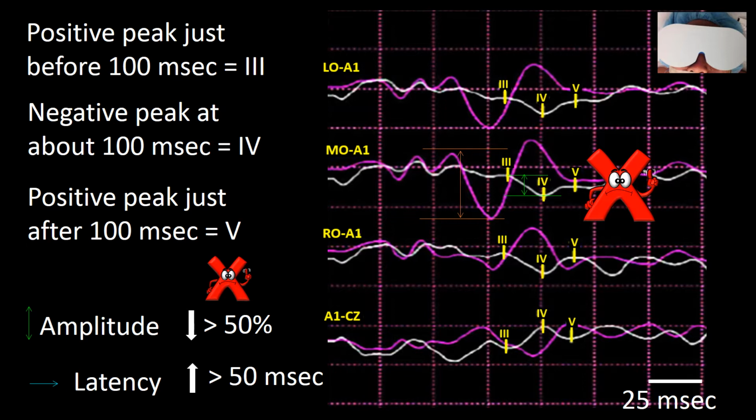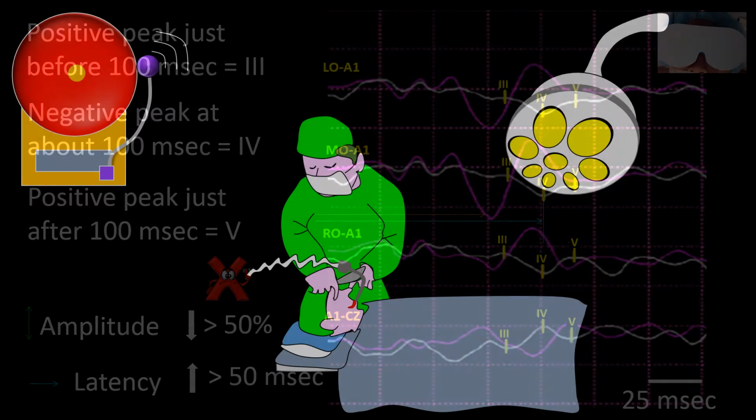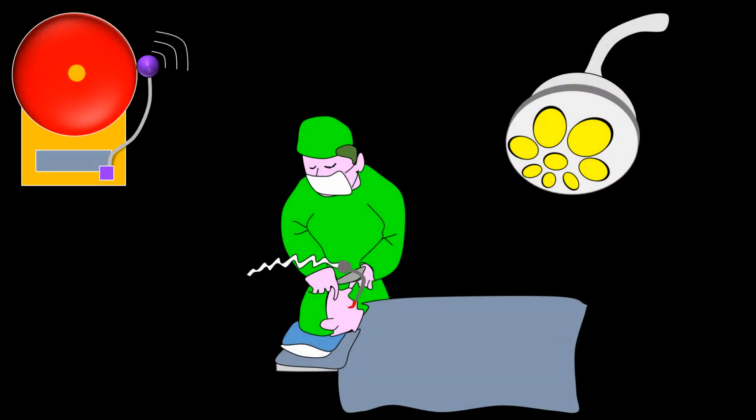This is obviously an abnormality. Also notice by comparing the cream color arrow with the aqua arrow that the latency has also increased. Obviously, the surgeon must be notified in the presence of these changes.